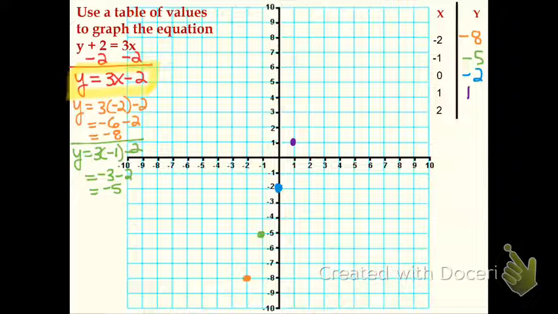And then last, when I plug in a 2, 3 times 2 is 6, and 6 minus 2 is 4, so the ordered pair 2, 4 is on my graph, and my answer is the line that connects all of those points. Remember that lines go forever in both directions, so you'll extend it and you'll put arrows at the end to show that.